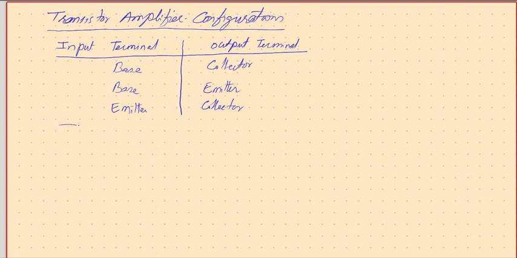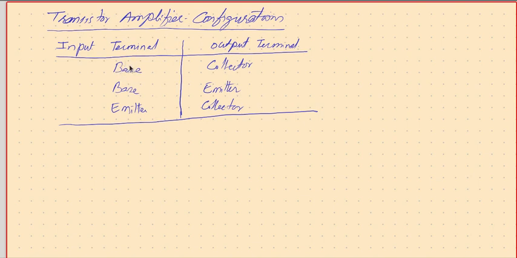So we have basically these three configurations, and instead of remembering which two are used, it is easier to remember what is not used. Input is applied at the base, but when you apply input, you need two terminals.